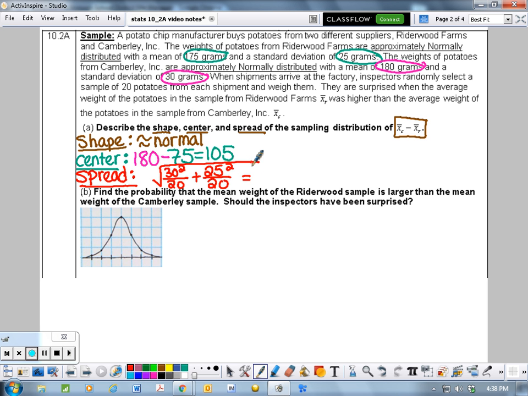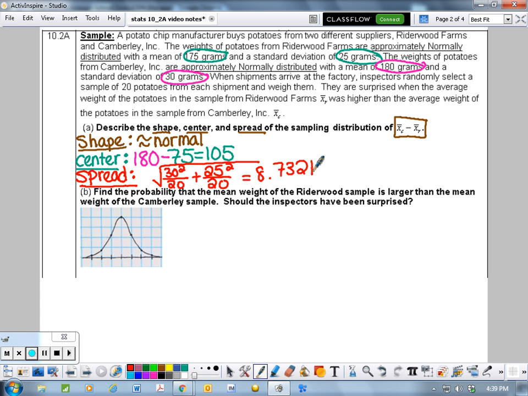So now we're going to go ahead and check, 30 squared divided by 20 plus 25 squared divided by 20, which gives us 76.25. Let me just calculate that one more time. Yep, looks good. And then I square root that answer, and I get a standard deviation of 8.7321.